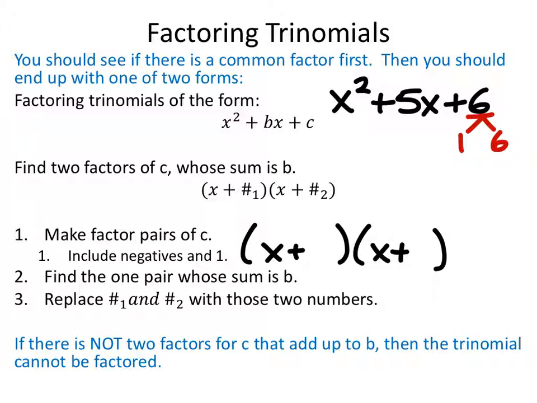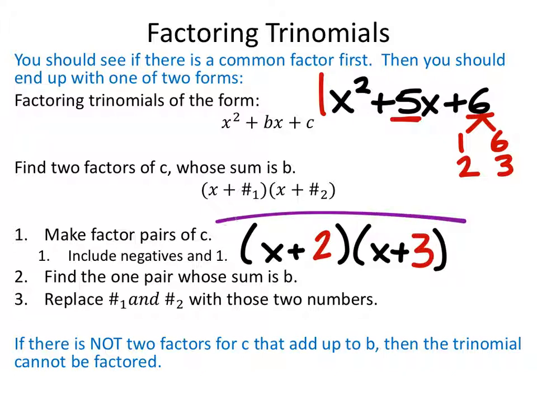But if I add 1 and 6, I get 7, not 5. So my other option is 2 and 3. Well, 2 plus 3 is 5, which is the middle term's coefficient. So in this case, since the coefficient of x to the power of 2 is 1, I just replace the 2 and 3 into the two binomials, and we can feel pretty good about that.